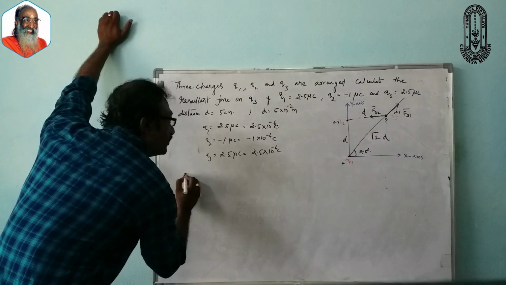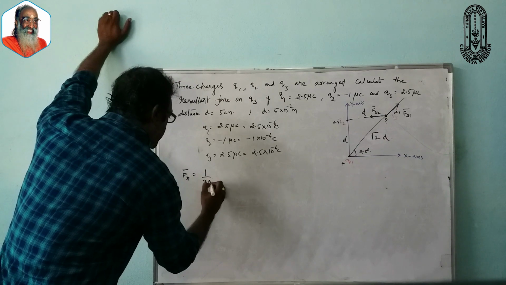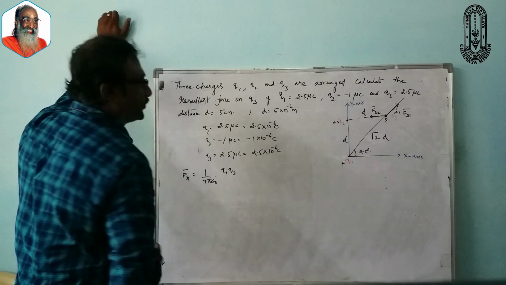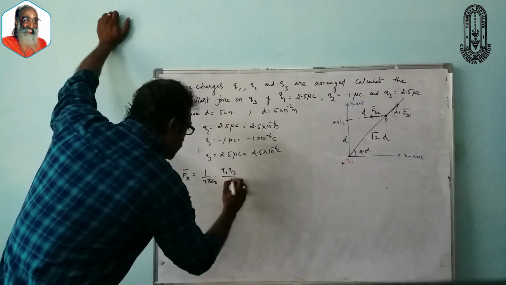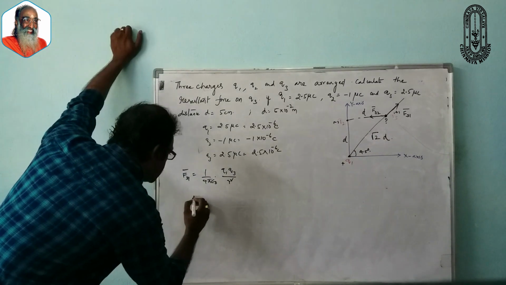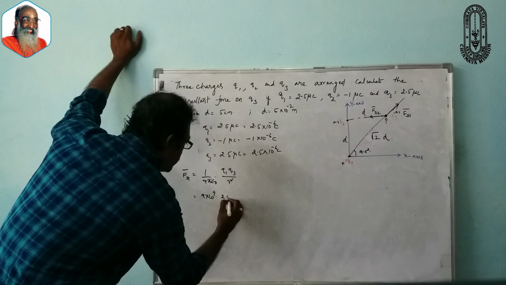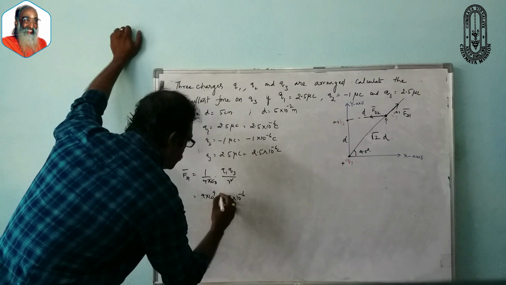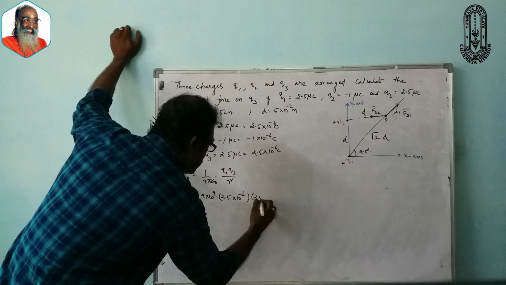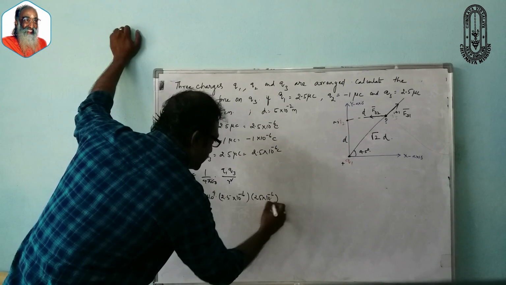Now F31 is 1 by 4 pi epsilon naught Q1 Q3 by r square. What is 1 by 4 pi epsilon naught? It is 9 into 10 to the power of 9, and Q1 is 2.5 into 10 to the power of minus 6 coulombs, and Q3 is 2.5 into 10 to the power of minus 6 coulombs.